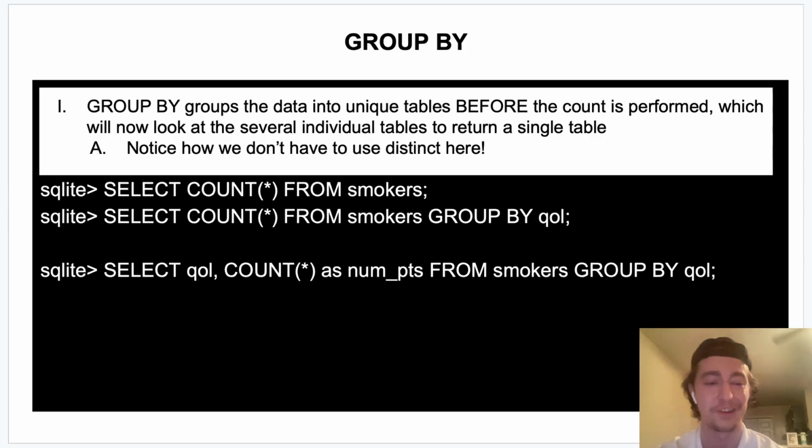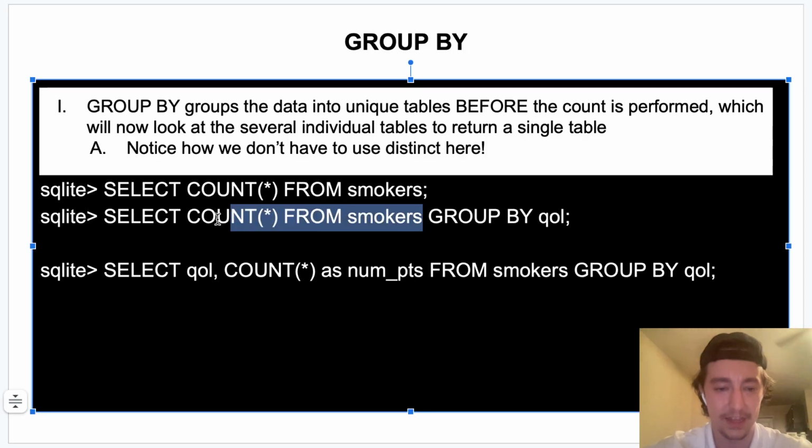All right, we're now on to group by. Group by is going to allow us to group data into unique tables before these counts are performed or before we select data. And notice how we're not using distinct here either. Let's go into select count star from smokers. We already discussed that earlier.